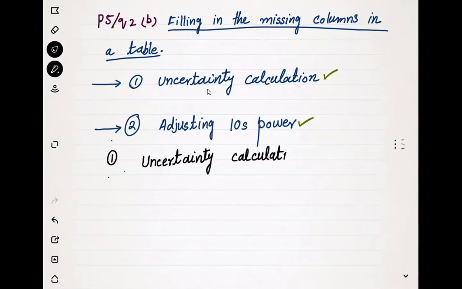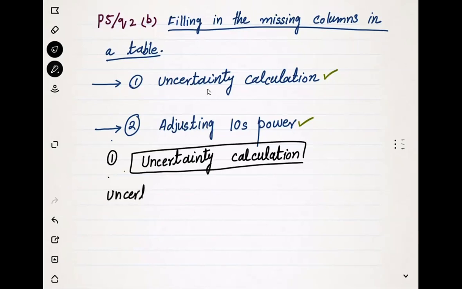in A2, we will use the method that uncertainty is equal to, there are two methods which you can use. One out of them is maximum value minus minimum value whole over 2.